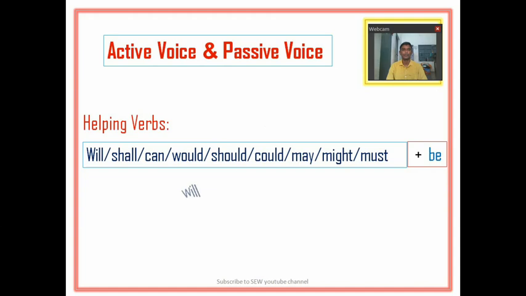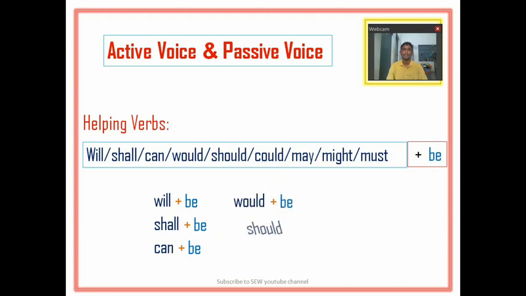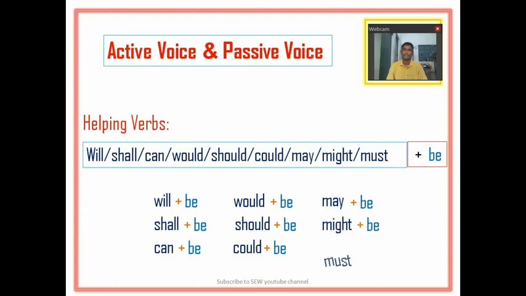So will plus be, will be, shall plus be, shall be, can plus be, can be, would be, should be, could be, may be, might be, must be. Okay, I hope you understood. So will, shall, can, would, should, could, may, might, must will be followed by be.